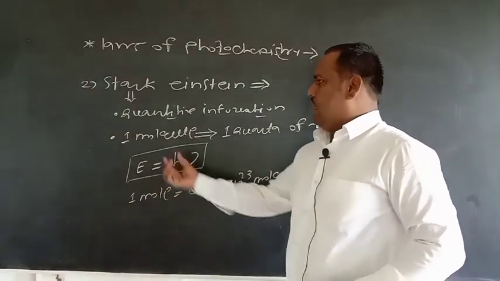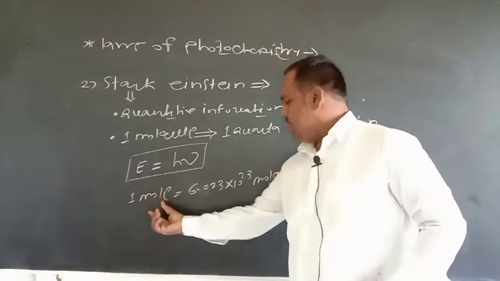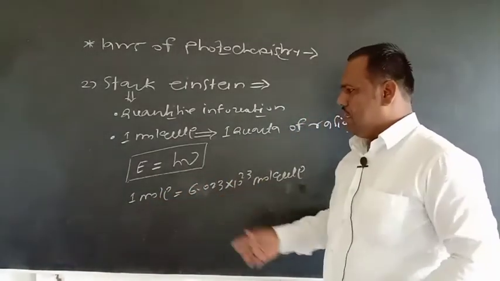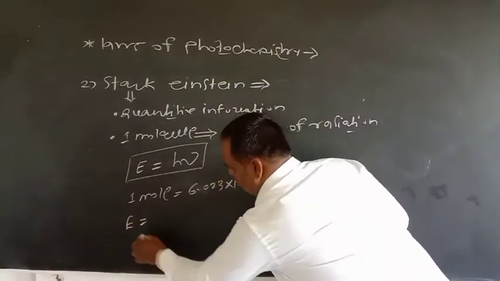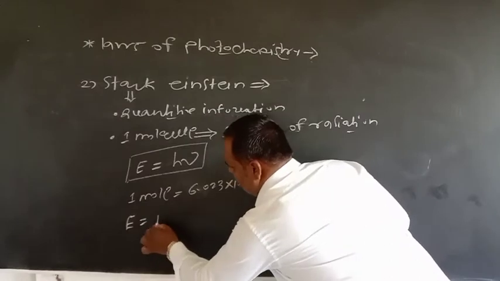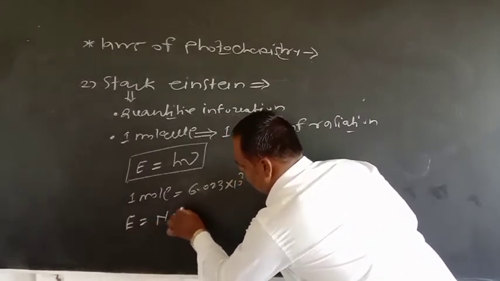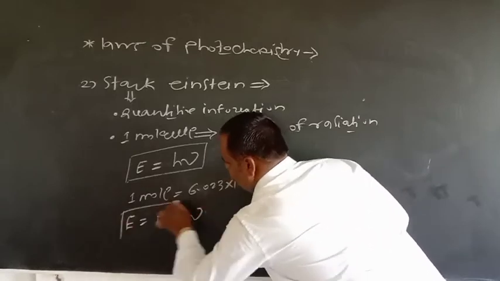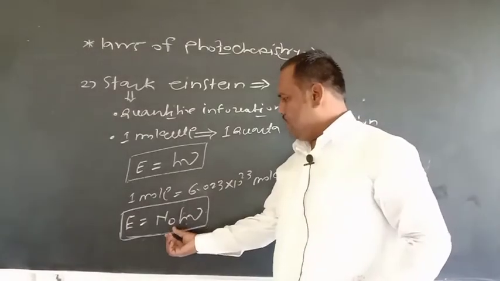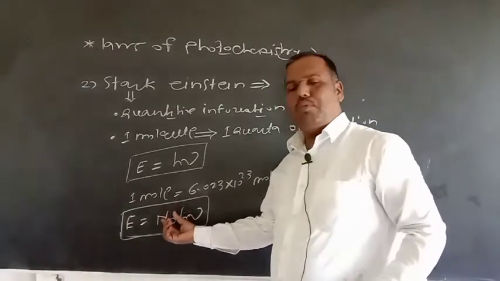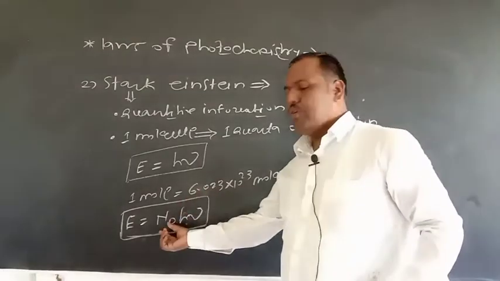For a single molecule, we require 1 quanta of energy. For 1 mole, that is Avogadro's number, the energy required is E equal to N0 h mu, where N0 is the Avogadro's number, h is the Planck's constant, and mu is the frequency.